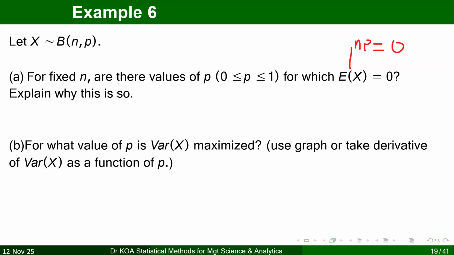Normally you set it to 0, you find the value, and then you take the second derivative to check whether it's minimized or maximized. So now, tell me the value of p, the probability, when the variance of x is maximized.